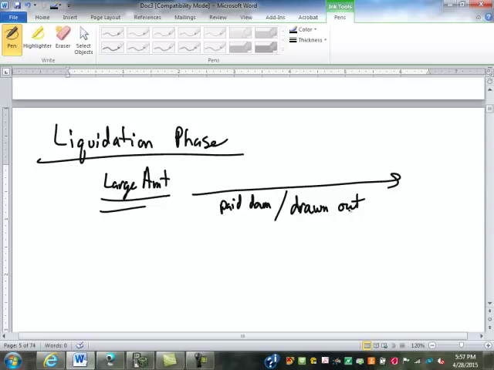In the liquidation phase, as we said, the large amount is at the beginning.